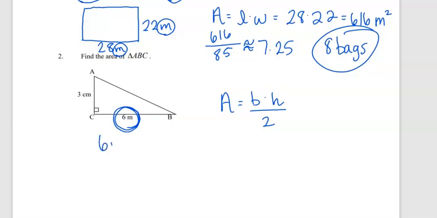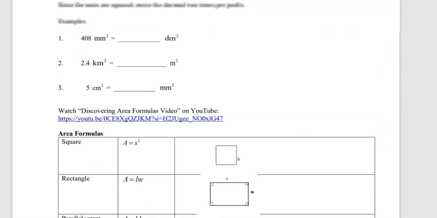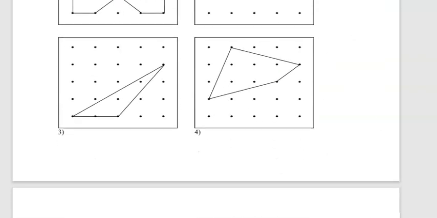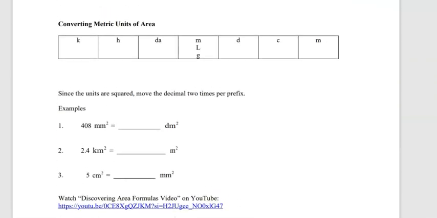So 6 meters, if you think about the conversion, and we can come back up here and even look at the conversion chart. So if I'm right here at 6 meters and I want to go over here to centimeters, that's 1, 2 to the right. And this is a length. Don't confuse this with us converting an area.